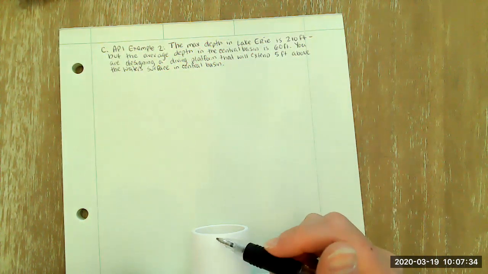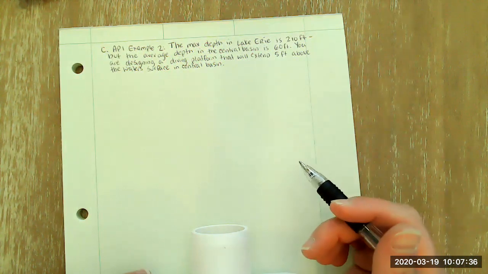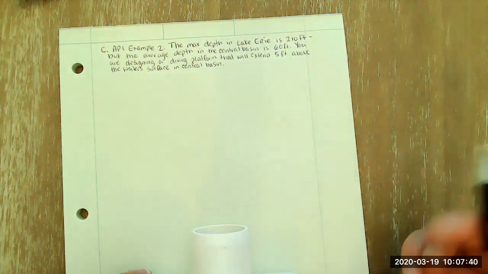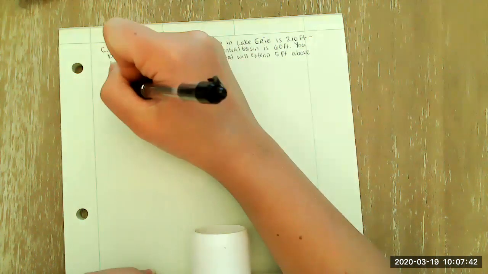And the platform is expected to support a 20 kip axial load, a uniform lateral load of 0.2 kips per foot along the entire length of the submerged portion of the pile, and a 100 kip-foot moment applied at the platform as shown.